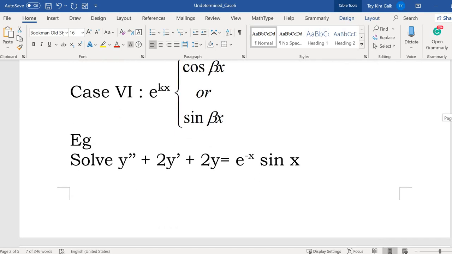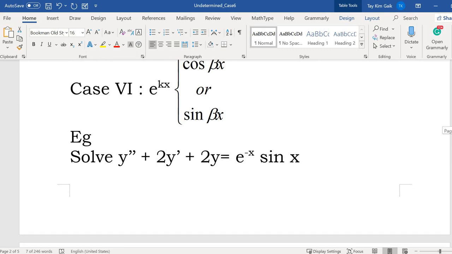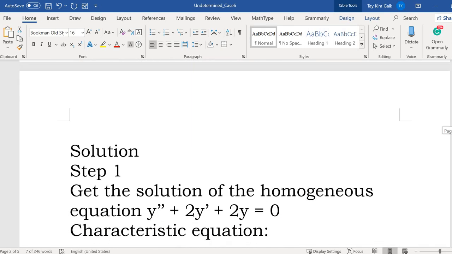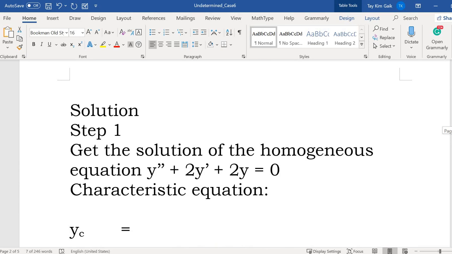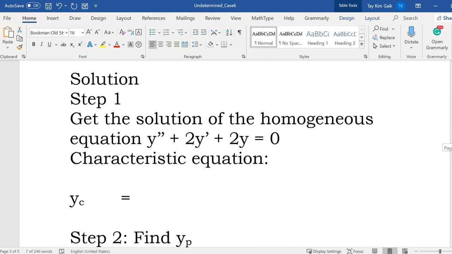Okay, for example, solve y double prime plus 2y prime plus 2y equal to e to the negative x sin x. First step, solve the homogeneous equation y double prime plus 2y prime plus 2y equal to 0.